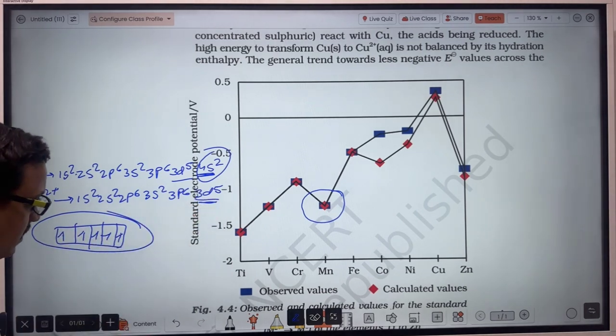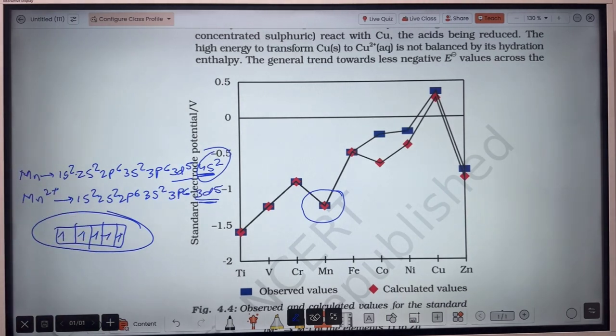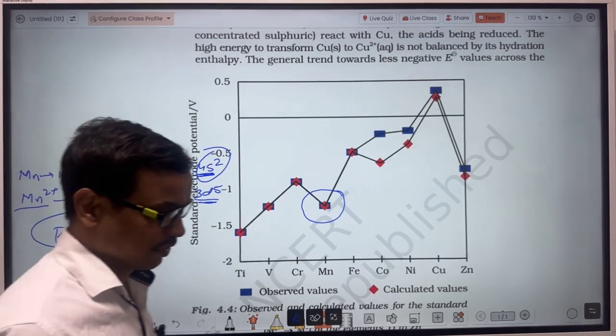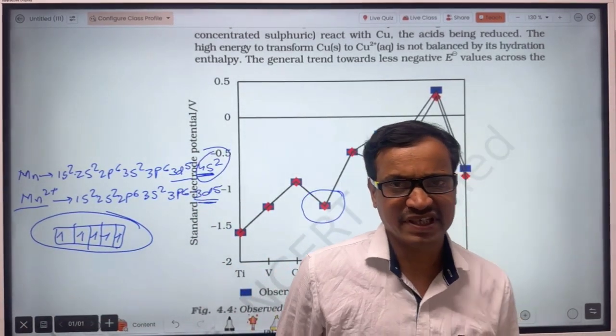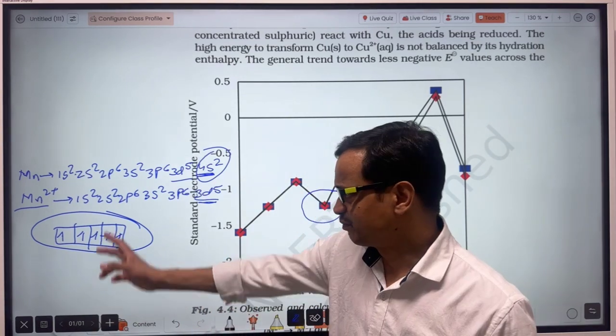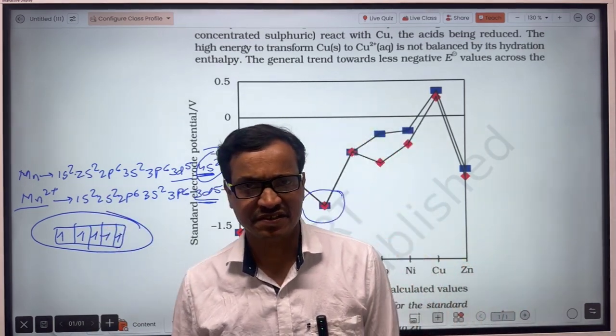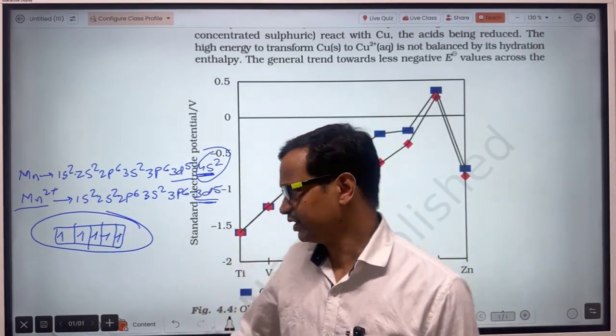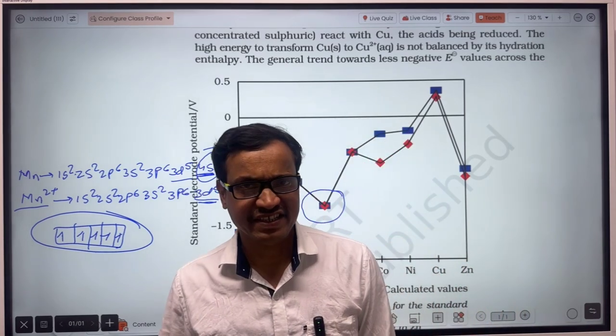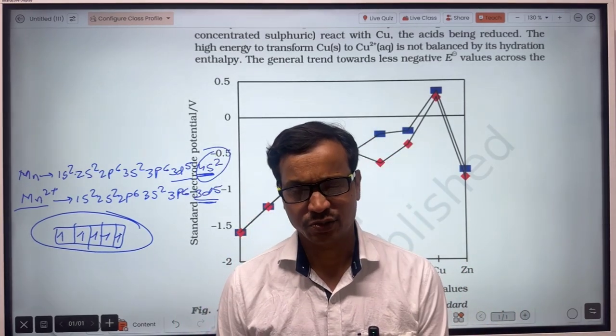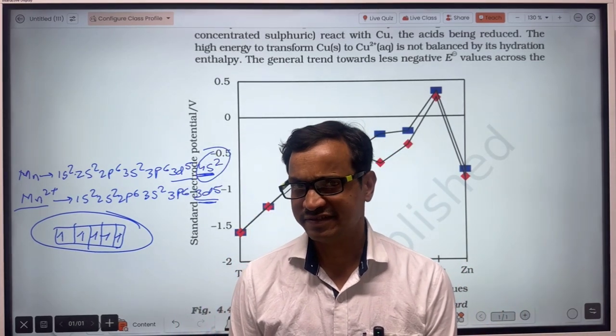And a half filled orbital as well as a fully filled orbital provides extra stability. So Mn2+ is stable, because manganese in the +2 oxidation state contains half filled d orbitals which provide extra stability to Mn2+.